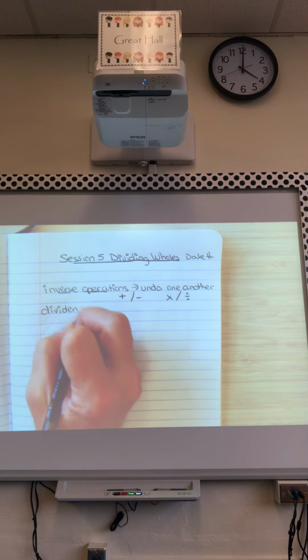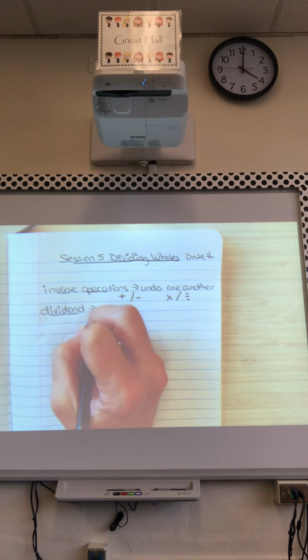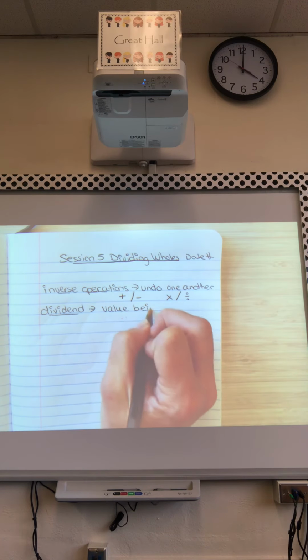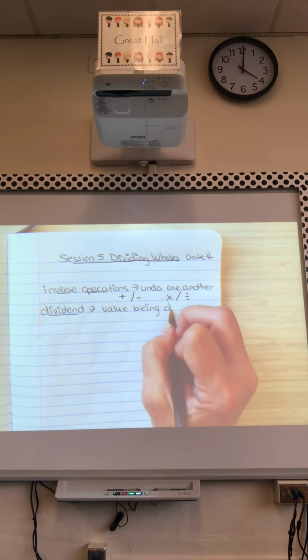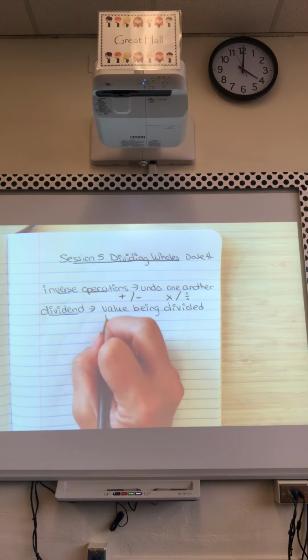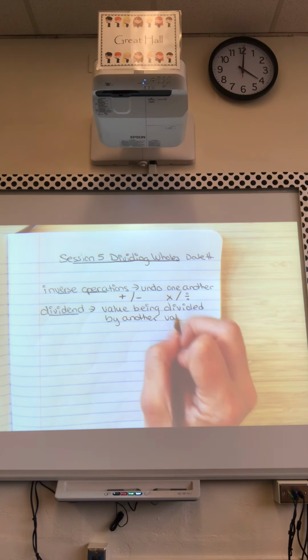Next vocabulary word is dividend. And dividend is a value or a number that's being divided in a division problem. So value being divided by another value.